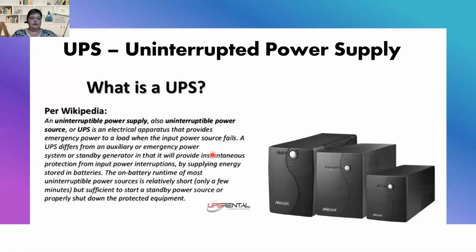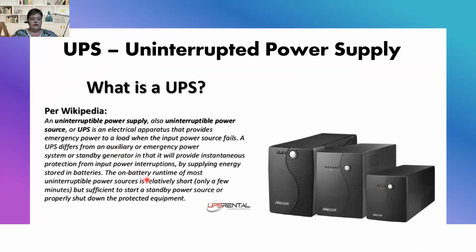An uninterruptible power supply, or UPS, is an electronic apparatus that provides emergency power to a load when the input power source fails. A UPS differs from an auxiliary or emergency power system, like a generator. Our school also has a generator, so that during matric exams we don't have a problem and the students can carry on.